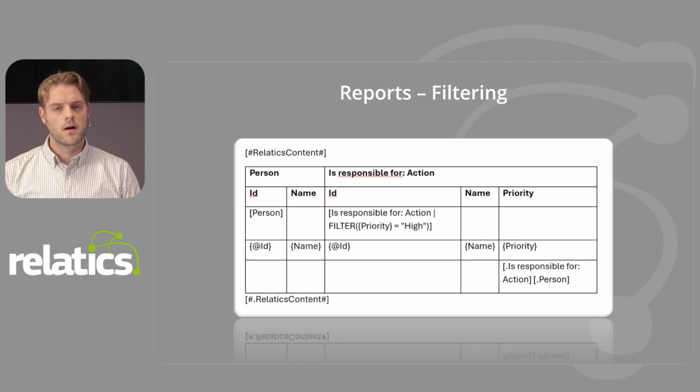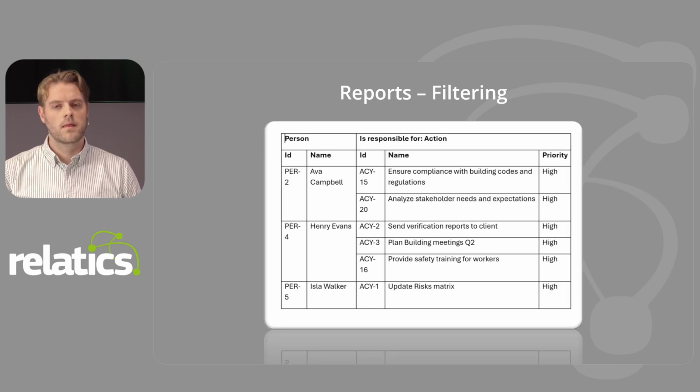Next up, we have another update for reports where the filters in reports work a bit differently than in the current situation. So I have an example here. Let's say I'm trying to create a table where I'm reporting on persons and their responsible actions. As you can see, and you don't have to completely dive into the report syntax, but as you can see, I'm filtering on the action, namely to report only the actions with a high priority, which would result in this report in the current situation.